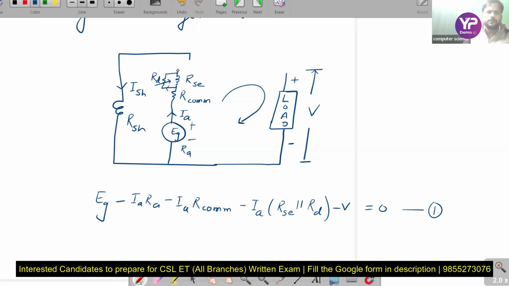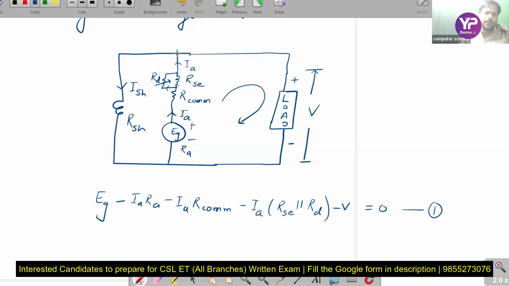This is the electric circuit, and here we clearly see that when armature current flows, this current comes to that node and divides: one current flows to the series field winding and the other to the diverter. Then this current again comes to that point, and incoming current at a node is equal to outgoing current.